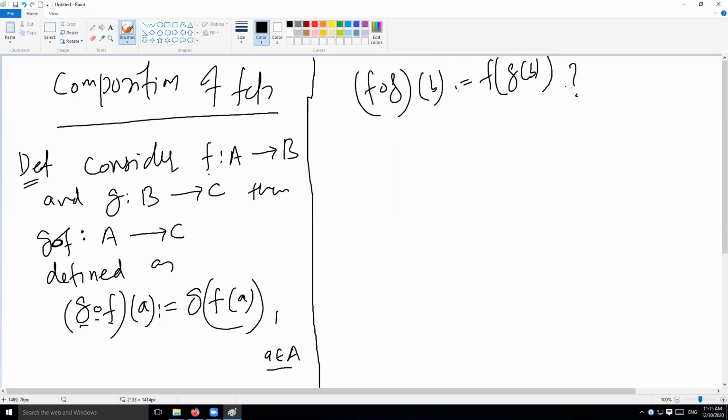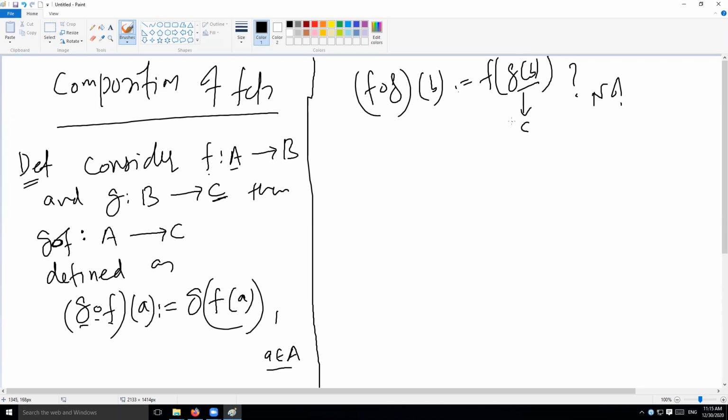The answer is no, actually. Why? Think about it. The domain of f is A, so f only recognizes or takes inputs from A. But if you take g and operate it onto an element in B, the answer you get is going to be an element in C. So now I am operating my f onto an element in C. The question is, can I apply f onto C?